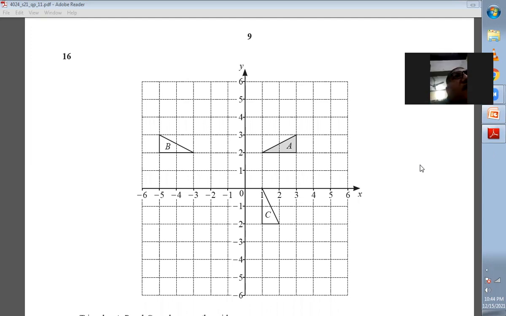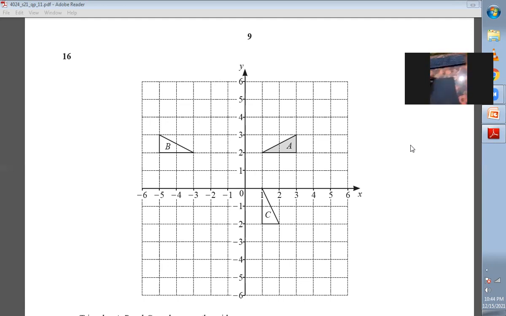Let me change the camera. Okay, so here I have a set square. I think the background is not that visible, so let me change it.